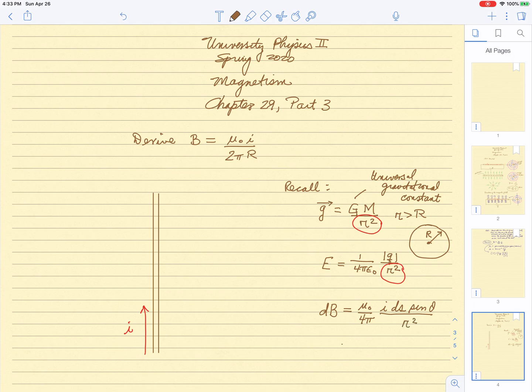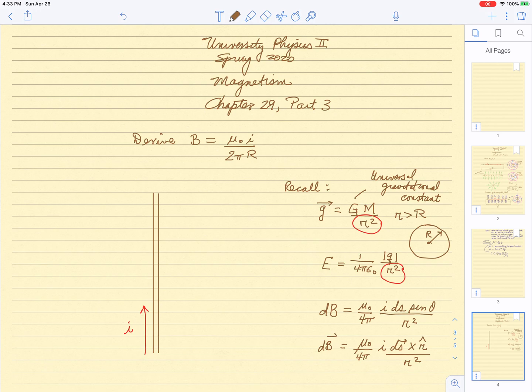Okay, this can be written in a more elegant fashion. So mu naught over 4 pi times I ds vector cross R caret vector, which is a unit vector in the radial direction, over R squared.